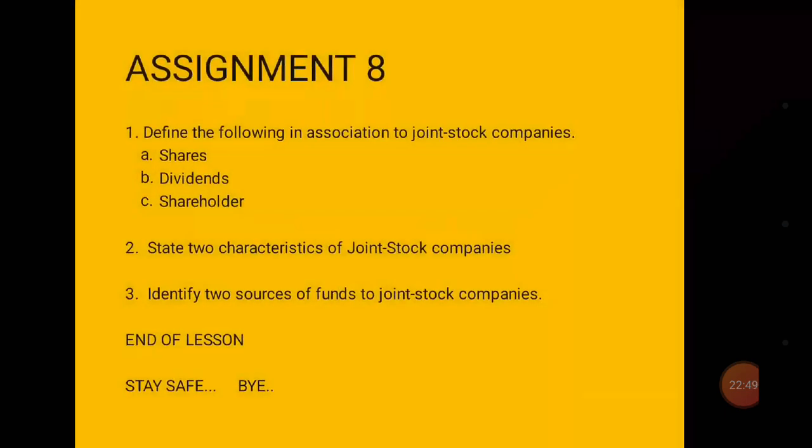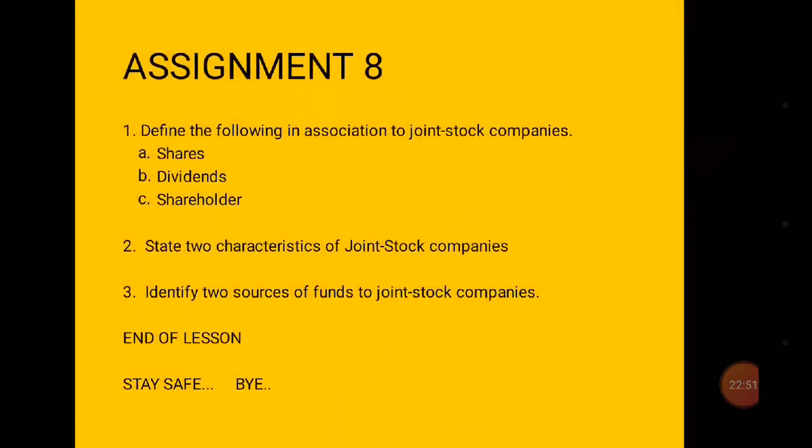This brings us to the end of our discussion on joint stock companies. If you missed anything, go back and play the video again, and then consult your textbooks and read wider to get more knowledge on the topic. But answer the following questions as a test of your knowledge.